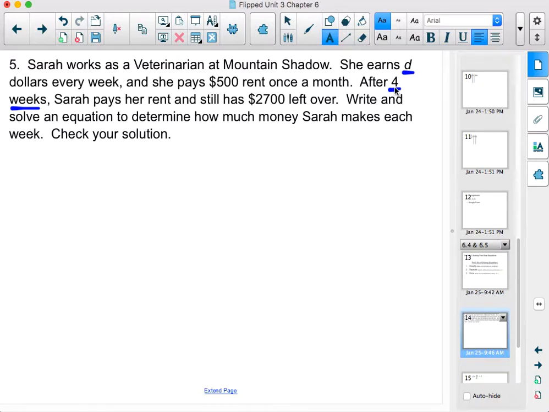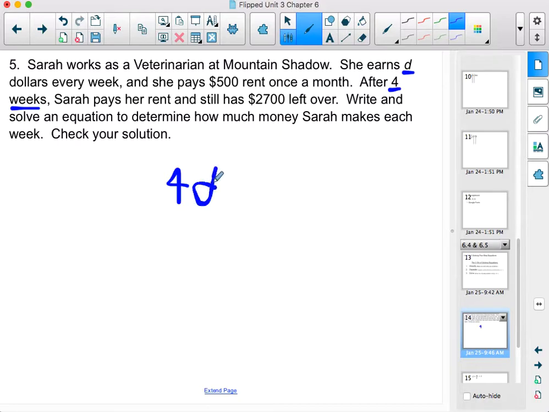So Sarah's getting paid for 4 weeks, and each week she earns D dollars. So that's 4 weeks times D dollars each week. Then she has to pay her rent, and her rent is $500. So paying that means we are subtracting that away from the money she has earned.